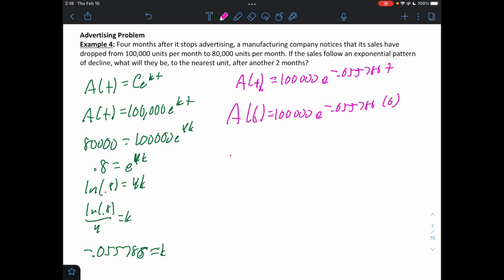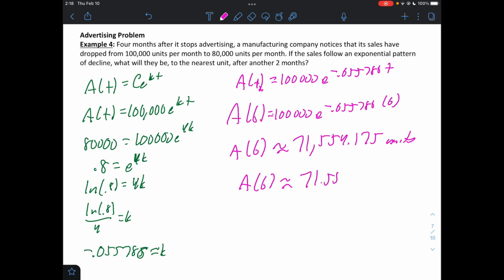Type that in our calculator, and we should get 71,554.175 units. But it says to the nearest unit, so that would be about 71,554 units.